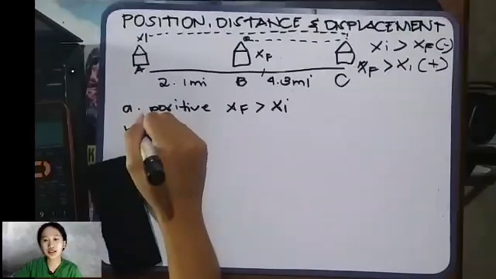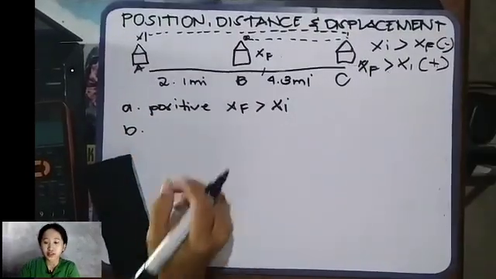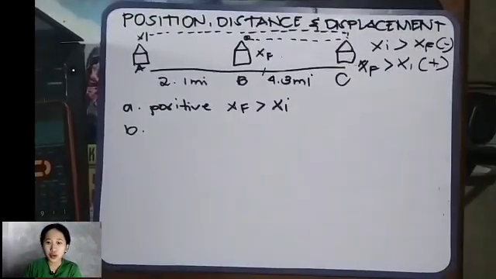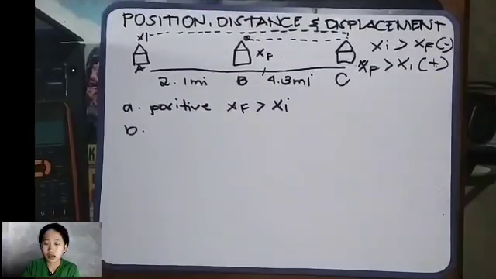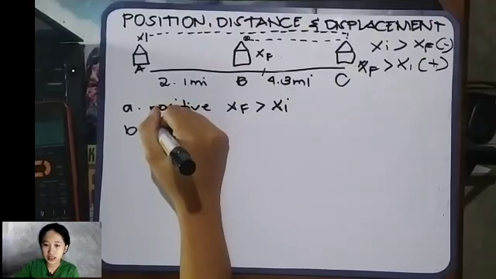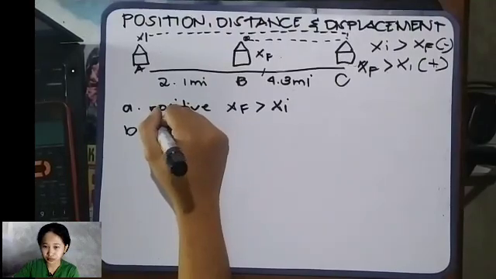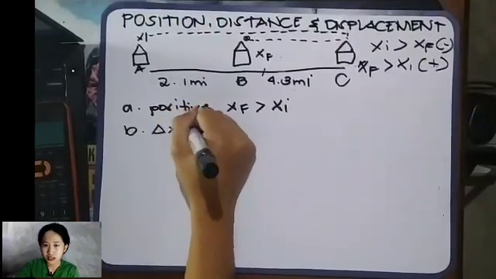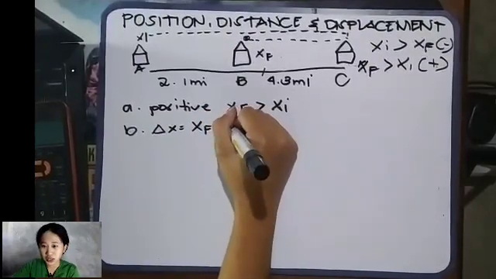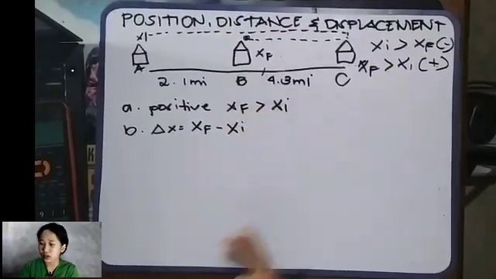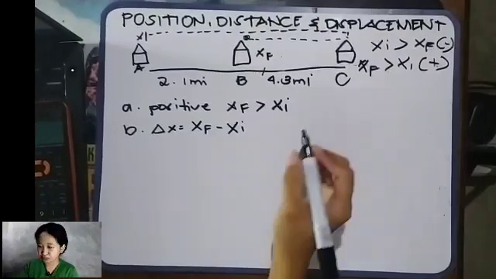So, B natin is find the displacement for this trip. Yung displacement natin, ang formula natin is delta x is equal to final position minus initial position. So, i-substitute lang natin.